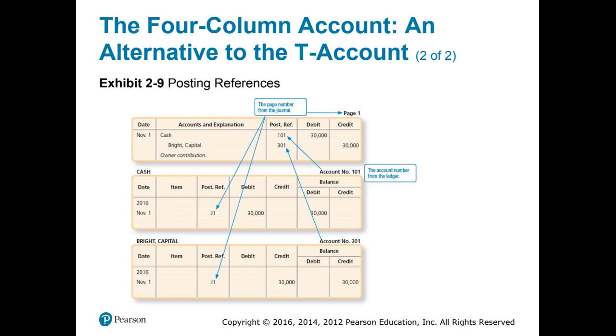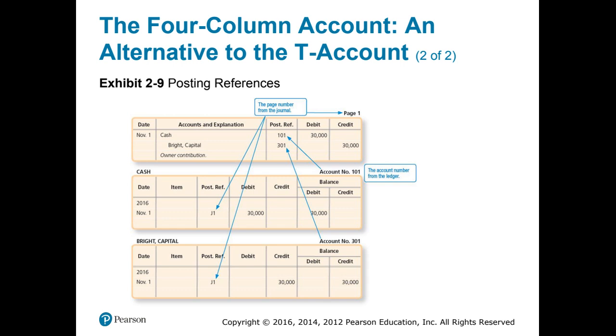This is the page. This is the account number right here. We saw that earlier, right? When we were looking at our chart of accounts, we noticed that the cash account was 101. So this is our account number, 101. And this is the account number for Bright Capital, which is 301.